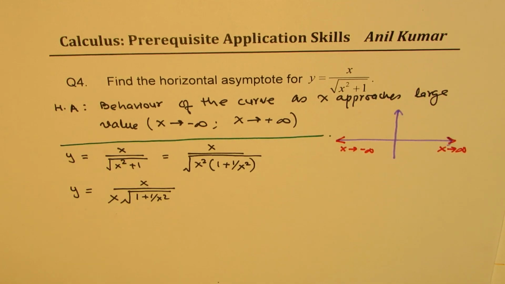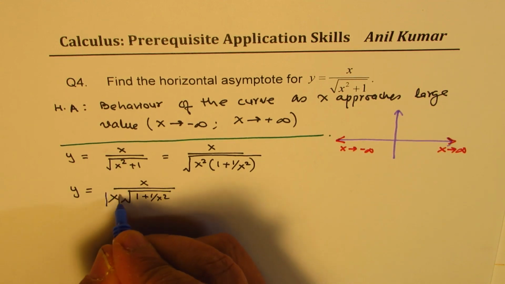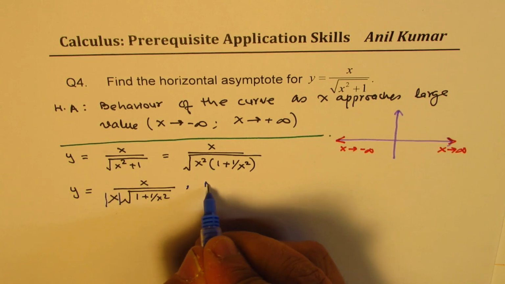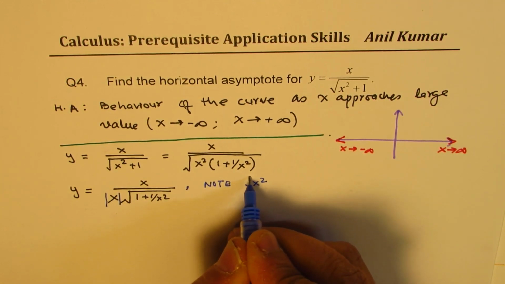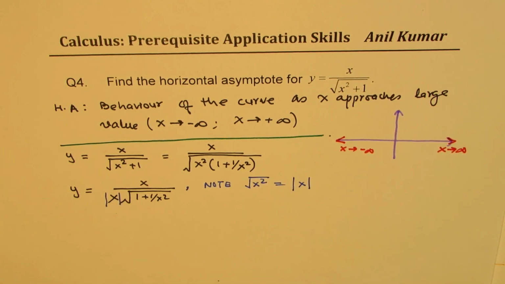This is your question. Is this correct? So the answer is this is not correct. It should be the absolute value of x. This is key. So this is a note: square root of x squared is not equal to x. It is always a positive value, equal to the absolute value of x, as shown here.